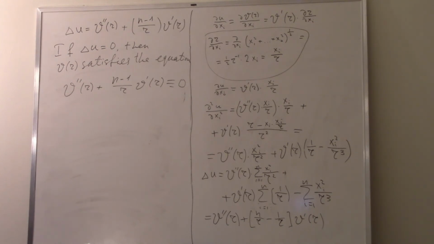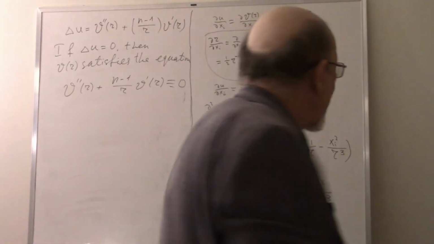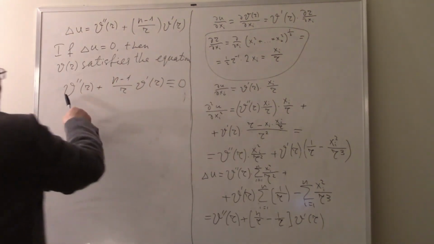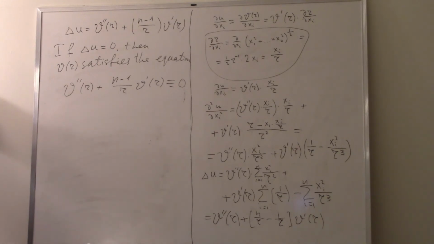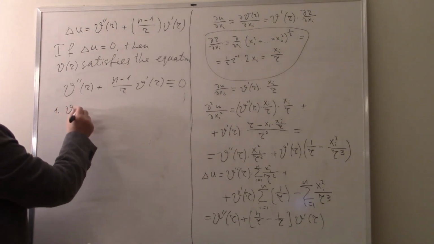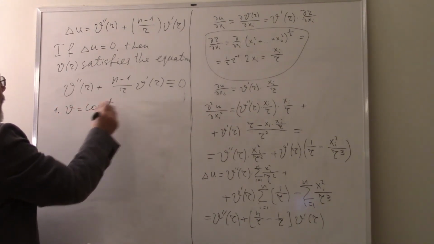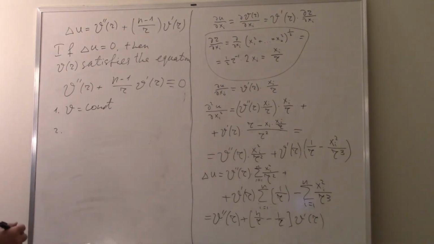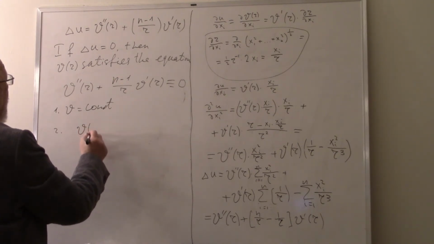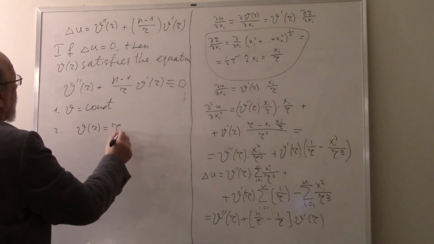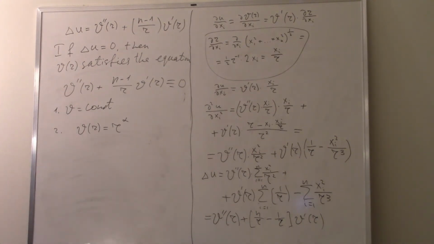So it is just a linear second order equation. Now we see one obvious solution. It is constant, because here we have only derivatives, so every constant is a solution. v equals constant. And second, let us look for a solution.